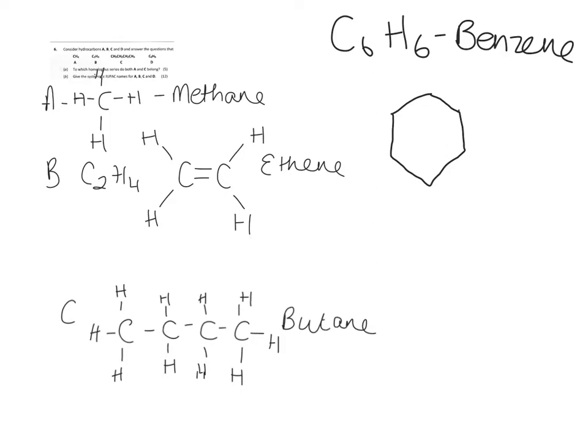Now each of those corners represents a carbon. So if I count each of the corners, I should have 6. 1, 2, 3, 4, 5, 6, and then my circle inside representing my delocalized bond.